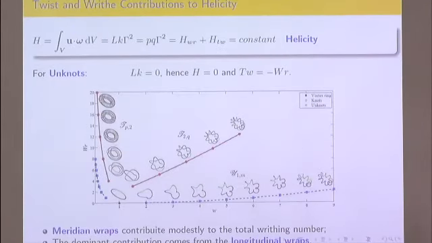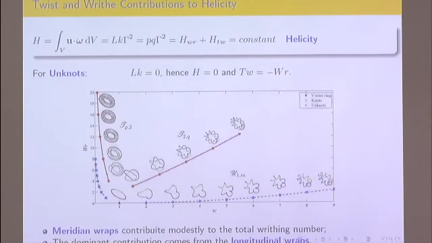First of all, let's analyze the different structures in terms of geometric quantities. In the case of unknots, by setting the linking number equal to 0, the helicity is also equal to 0 according to this relation, and then the contribution of the total twist number is just given by the opposite of the writhe number.